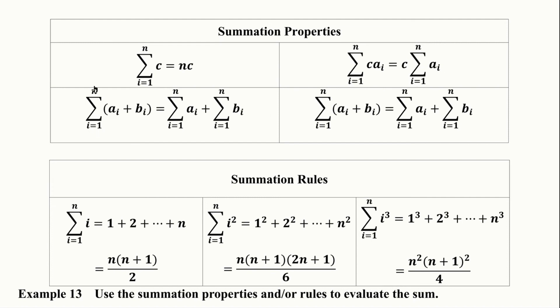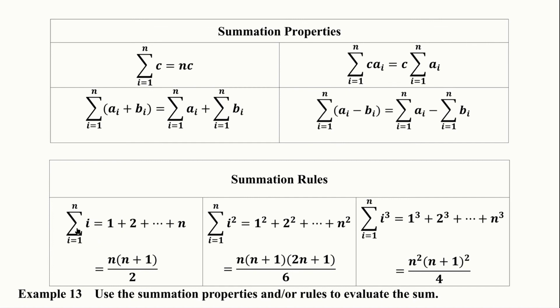The sum from i equals 1 to n of ai plus bi is going to be the sum of the two sums, right? And I think I repeated this. I meant difference here. Let me fix that. All right, that's better. So we meant the sum from i equals 1 to n of ai minus bi equals the sum of ai minus the sum of bi.